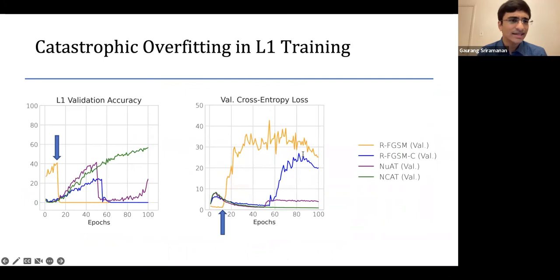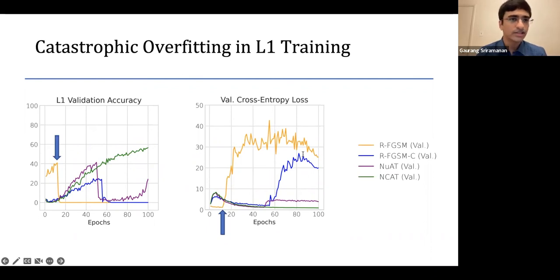It turns out that single-step defenses in particular are highly non-robust in the L1 setting. So for example, here we denote the L1 validation accuracy and validation cross-entropy loss curves for a couple of models. Namely, we see that standard RFGSM or fast-is-better-than-free based training, which uses FGSM adversaries, is quite non-robust in the sense that we observe failure fairly early.